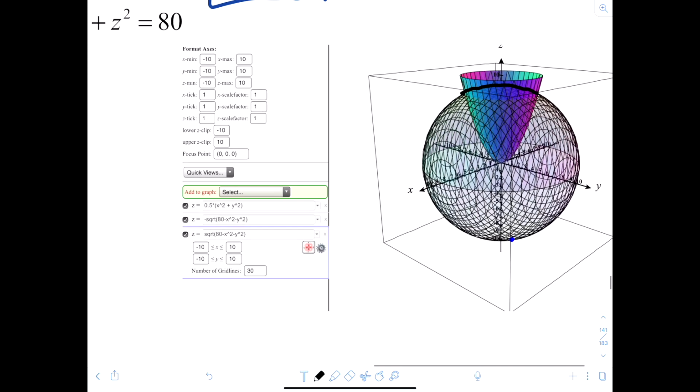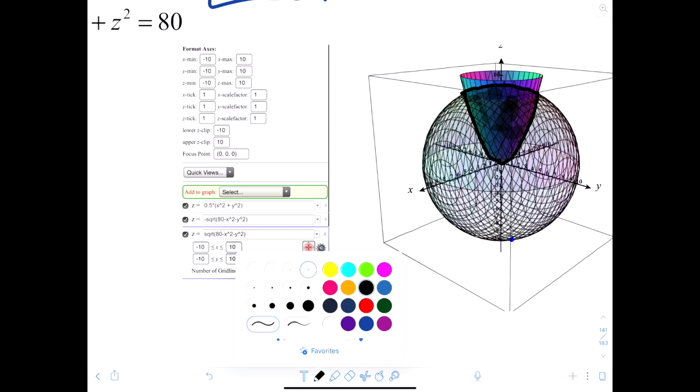The volume that we want was below the sphere and above the paraboloid. That was the common interior. So I'm thinking it would look something like this. So let's see what's happening with these things, all right?